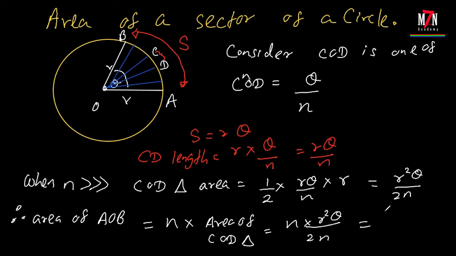Then that is equal to r squared theta over 2. So this gives you that the area of a sector of a circle is equal to r squared theta over 2. You should remember here theta should be in radians.